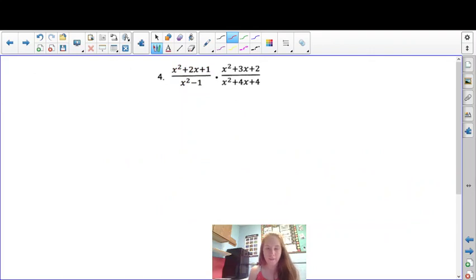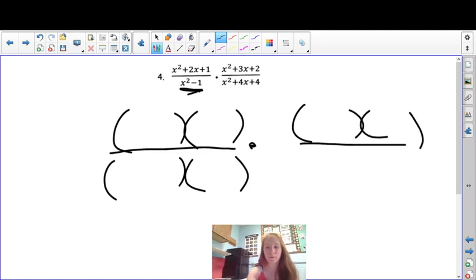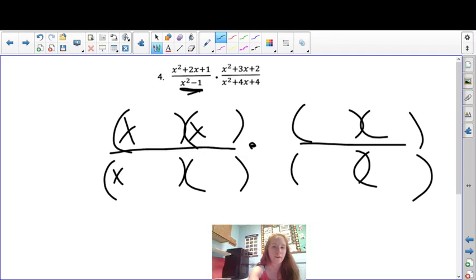All right, I assess what's going on. I don't see any numbers in front, so I can go straight to all my 2 sets of parentheses. I identify that this is the difference of perfect squares, so yes, 2 sets. X starts every single one.